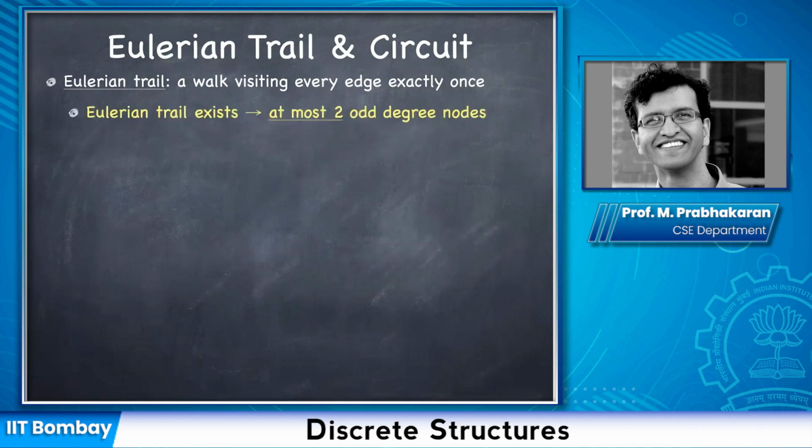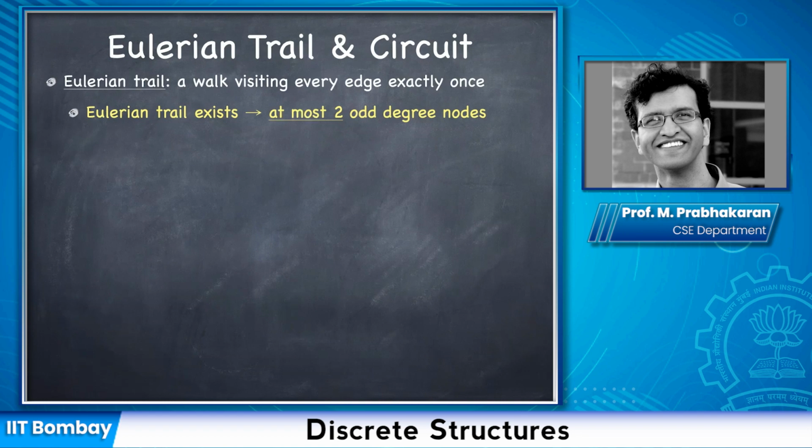And here is the solution to the puzzle, from this observation: if there is an Eulerian trail in the graph, I claim that there can be at most two nodes in the graph that have odd degree. We'll see shortly why. This would answer the puzzle, because the graph there actually had 4 nodes which all had odd degree.